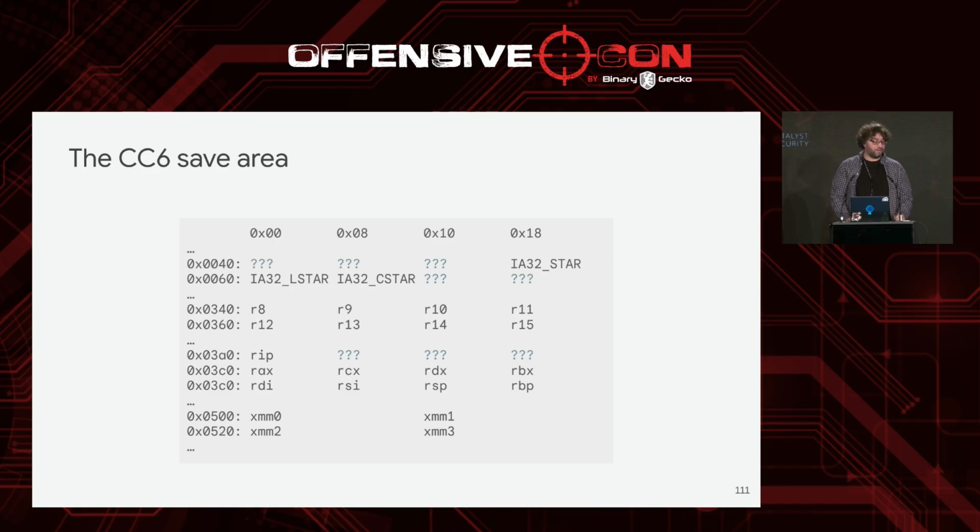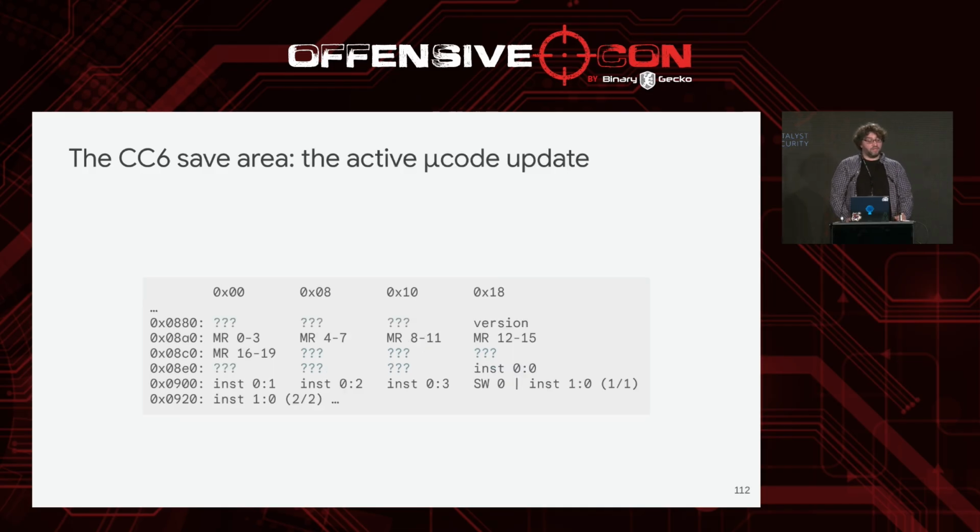It stores these in the DRAM, and this is called the CC6 safe area. What we also found stored in this area is the currently active microcode update. You can find the fields again that Josh was talking about earlier, like the mask register, the instruction bundles, and so on. And we also found that you can modify these.